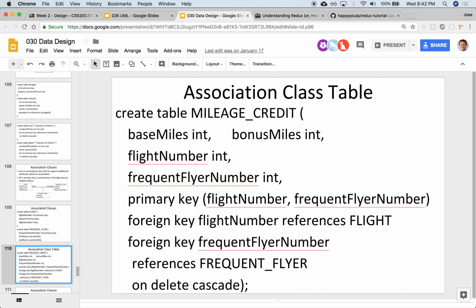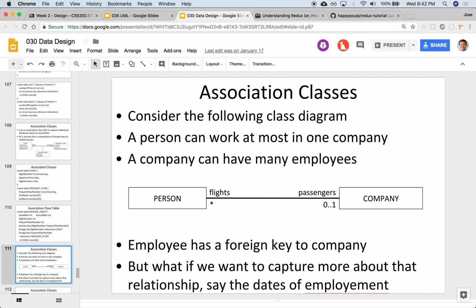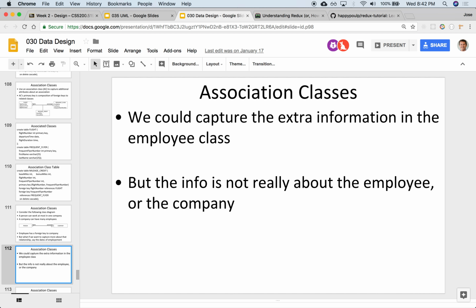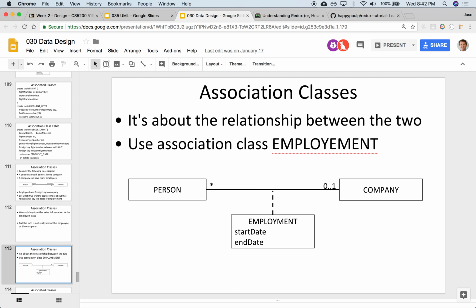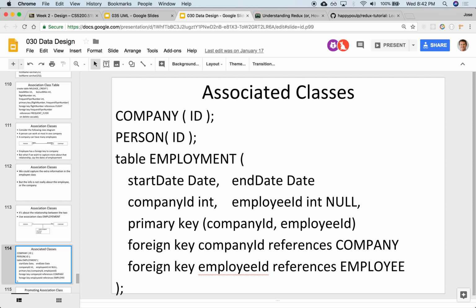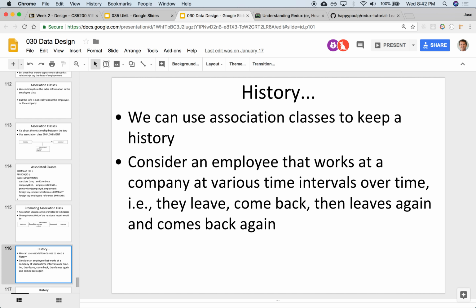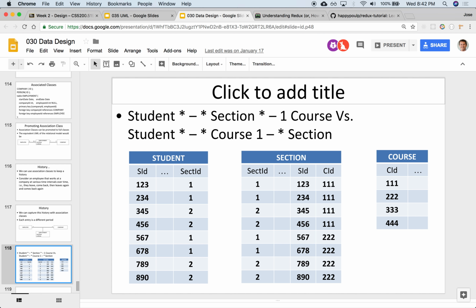Okay. Company, person, here's another one. So this is just another example of doing it for an association class. All right.